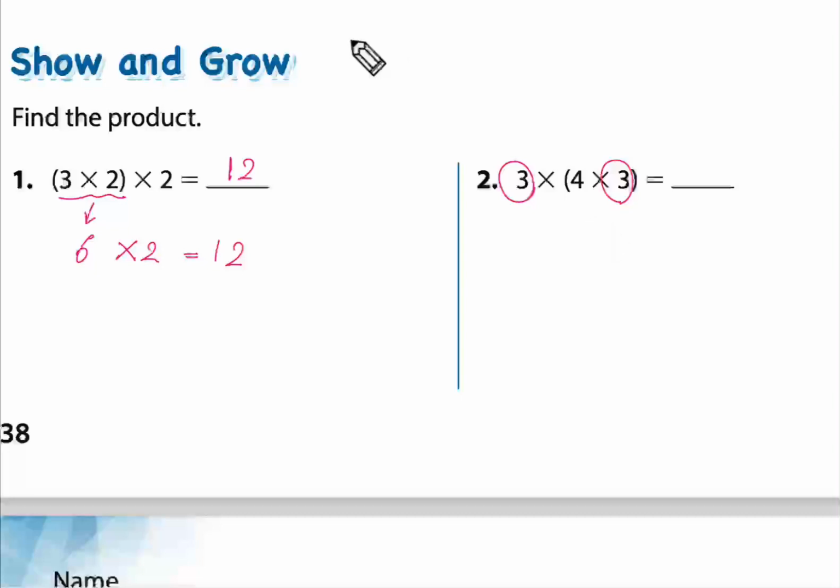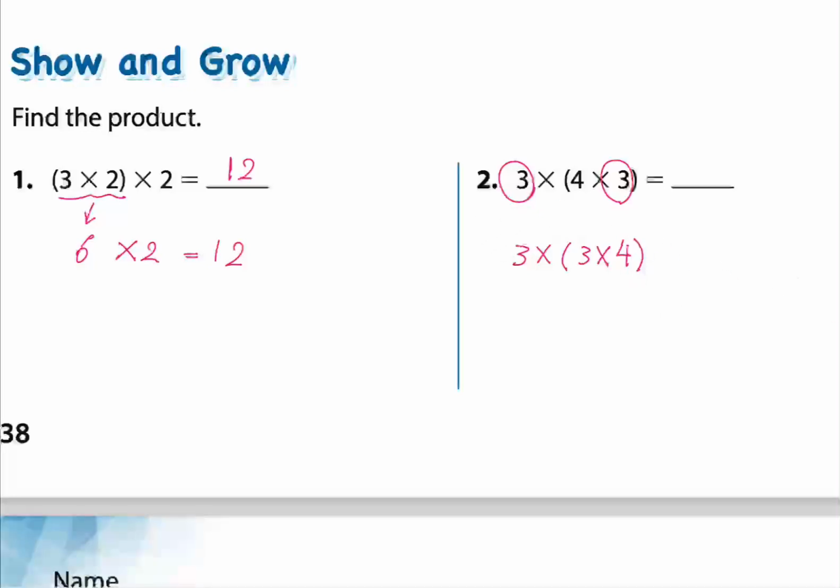And we call this, do you remember? What is the property? Commutative property. So we multiply 3 by 3 multiplied by 4. This is commutative property.